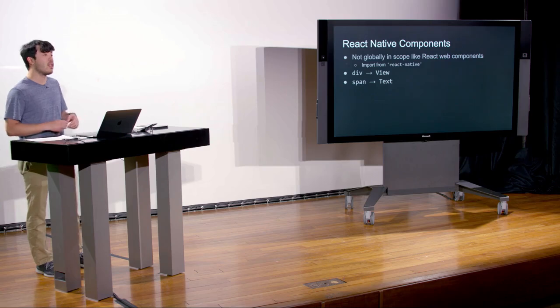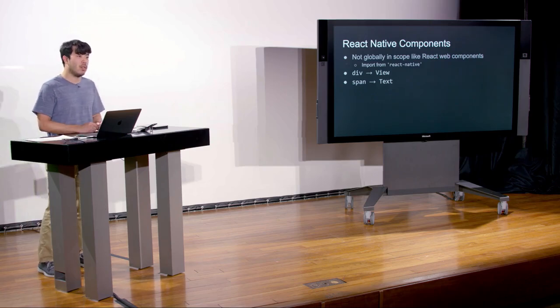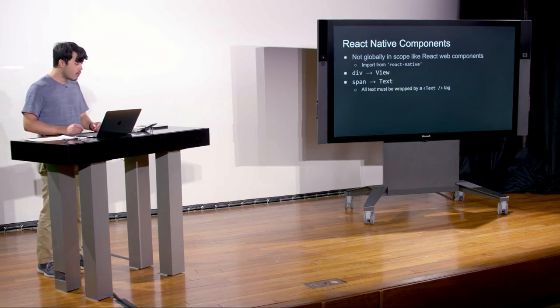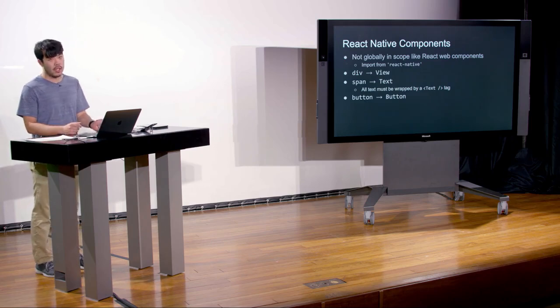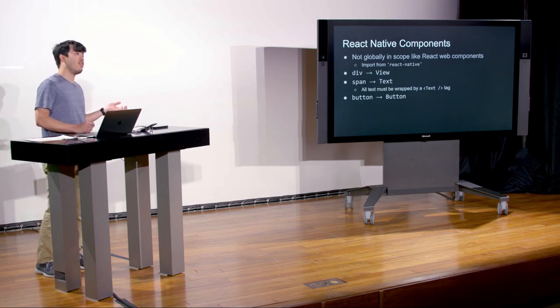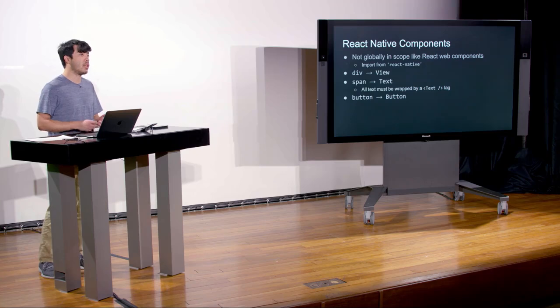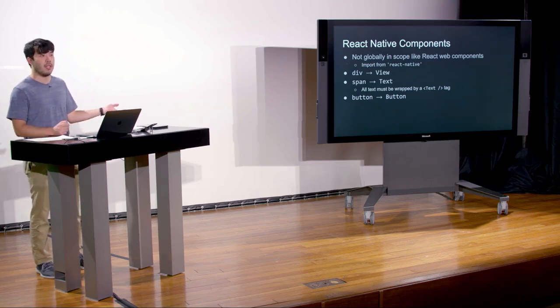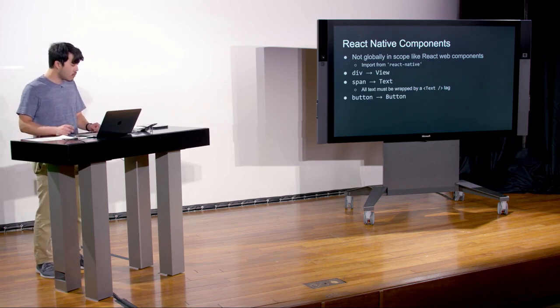There's no such thing as span or p anymore, and so instead we use text. What's unique in React Native is that all text actually must be wrapped by this text tag. As you saw in this previous example, lowercase button doesn't exist anymore. Instead, we use capital Button with a slightly different API. From React Web, if you want to attach a handler to that, you do onClick, whereas in React Native, you do onPress, which was actually the bug in the code earlier.